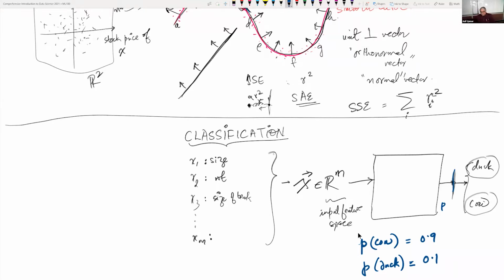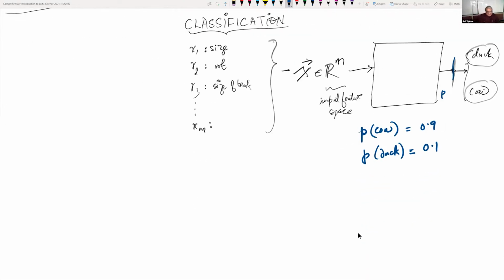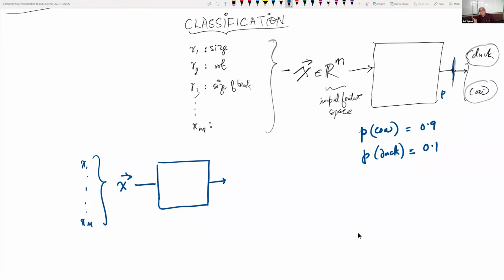Yeah. So let me break it down into 2 steps. You can say that I have a box and an input vector goes in, which stands for x1, m features, the m-dimensional input vector. It goes in. This classifier first produces, what it really produces is a probability of a cow. Right? It produces the probability of a cow. But then what you can do is you can apply a threshold.